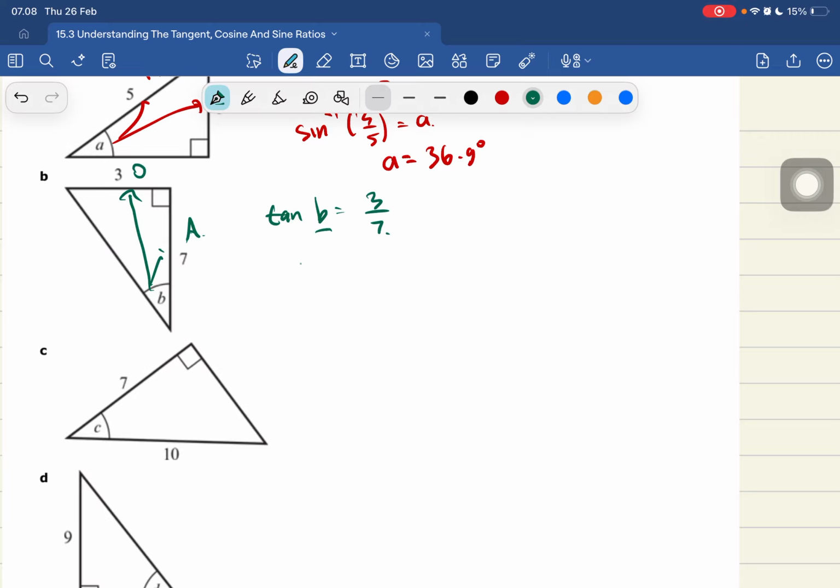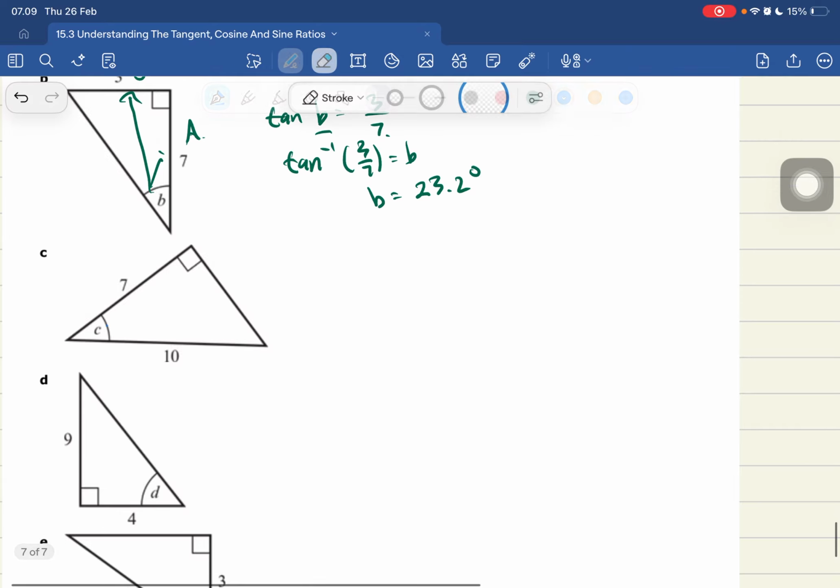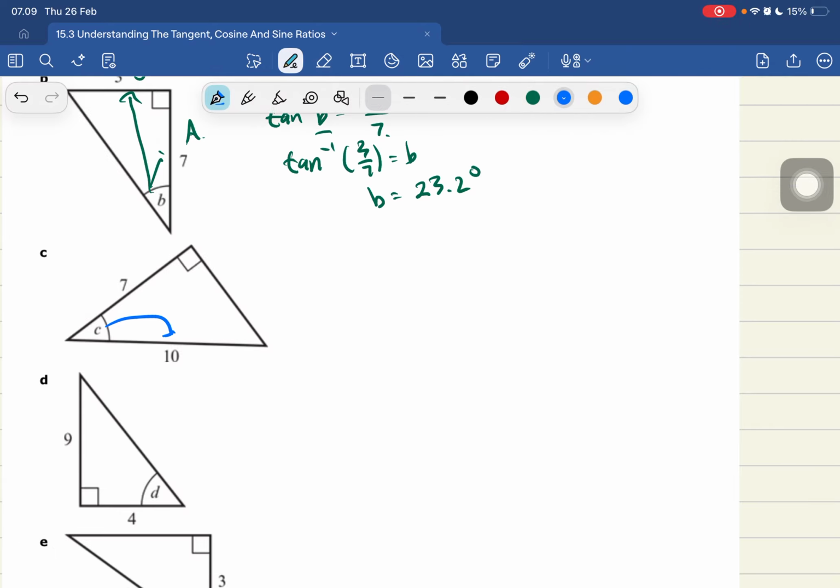To find the degree, make it inverse. Tan -1 of 3/7 equals B. In your calculator, you can write like this. So B, you will get the degree of 23.2 degrees. Okay, C, this is adjacent. And this is the hypotenuse, opposite of the right angle.